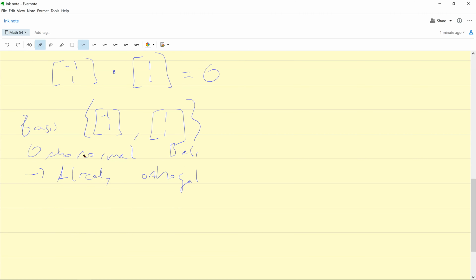We want new vectors whose span is the same as the span of this vector. We're trying to replace this with the unit vector. So which unit vector is going to do that?